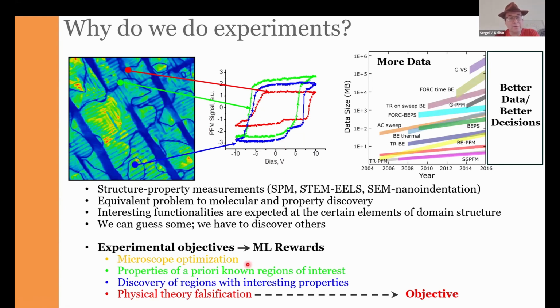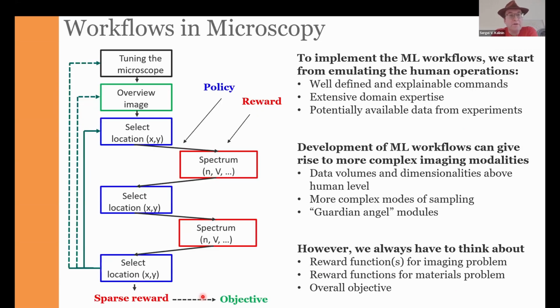You start with microscope optimization, then you explore the statistically significant regions, then you explore outliers, and then you run an experiment that can falsify specific physical theory. So a corollary to that is that if we want to build a machine learning agent that runs the instrument, we need to be able to translate this human basis for decision-making into the language that machine learning understands.